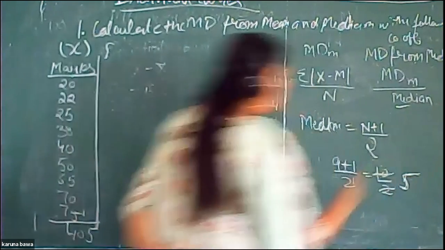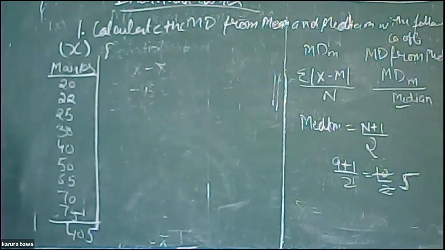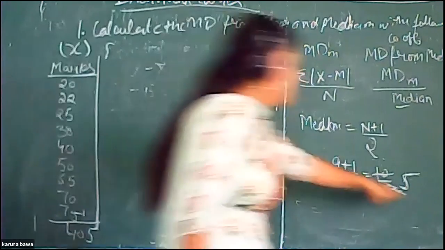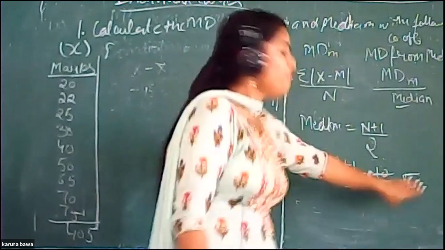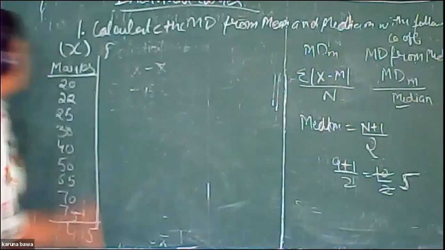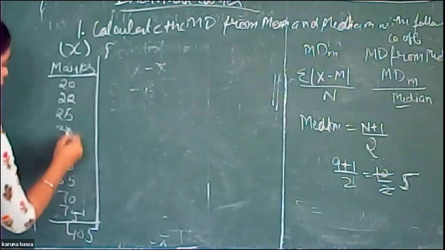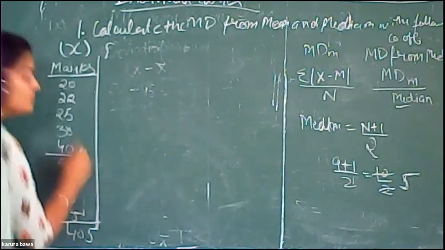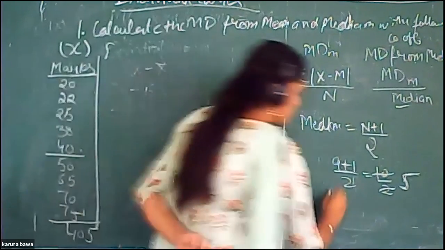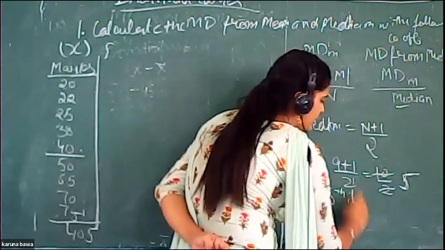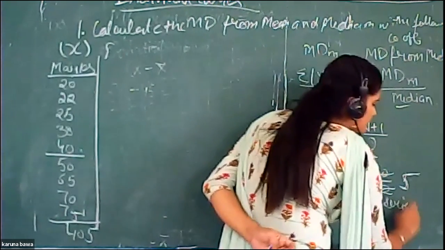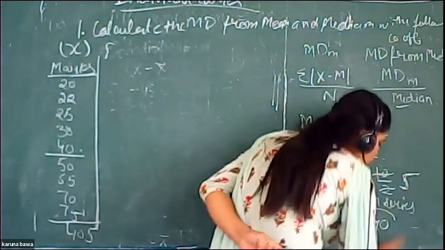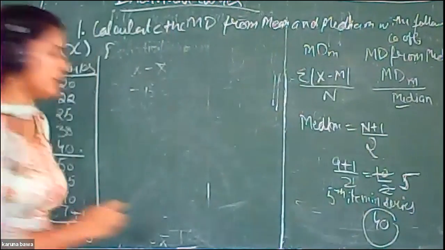So now 5 is the median position. So we find out the fifth value in the X series: 1, 2, 3, 4, 5. This is the fifth item in the series, that is 40. So 40 is the median.